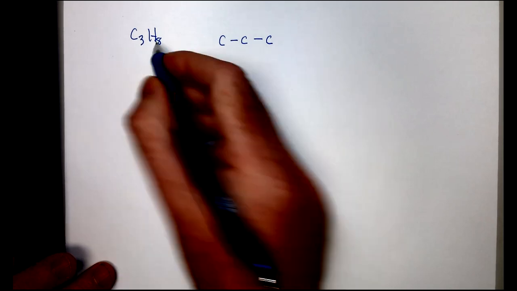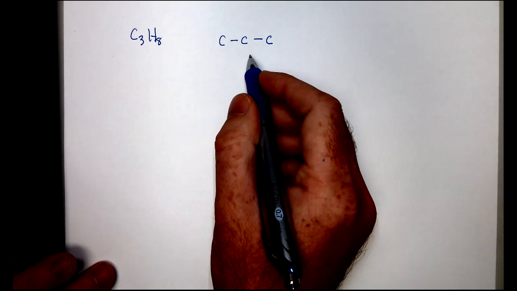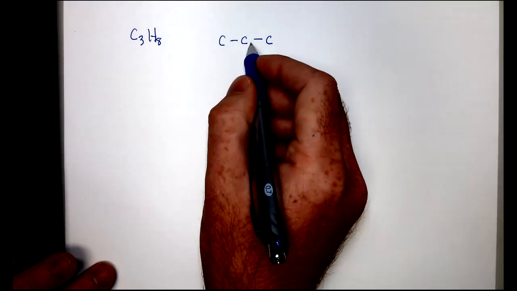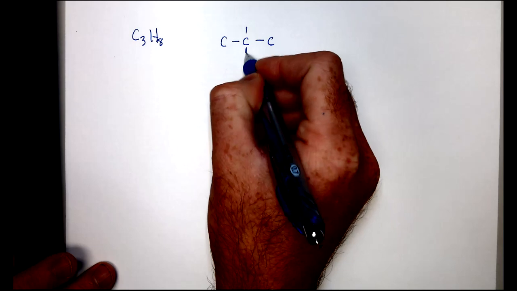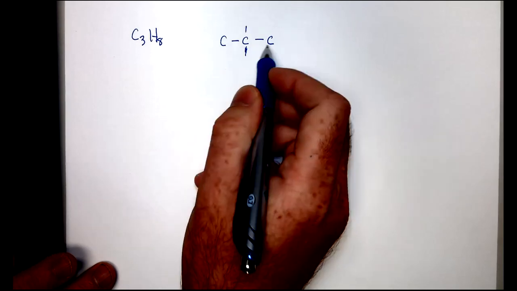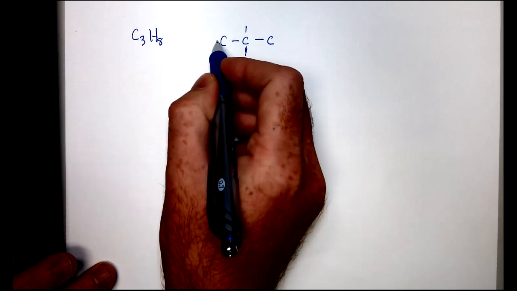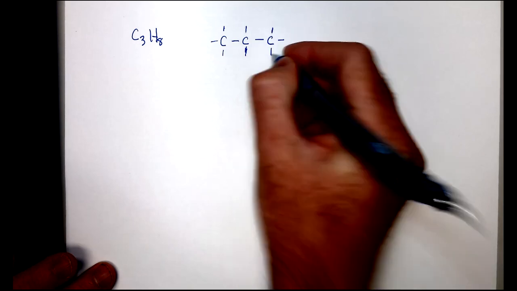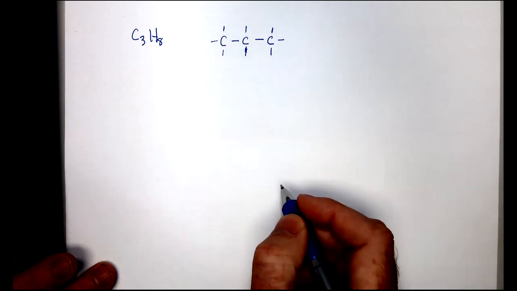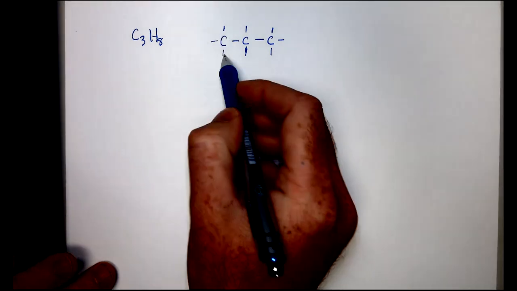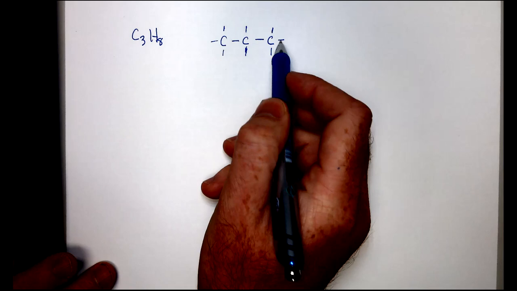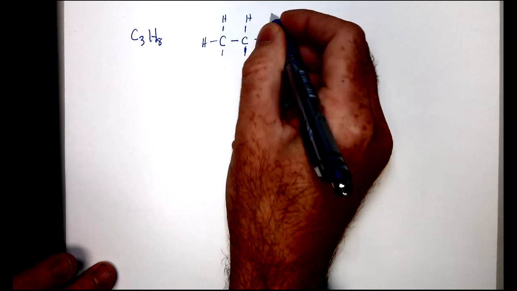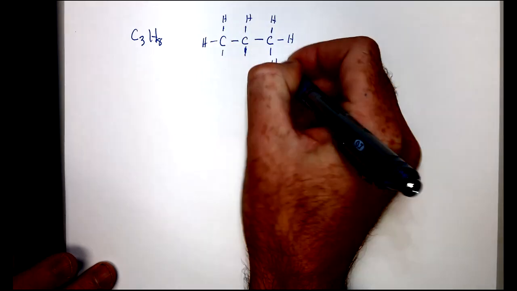Now, if I've got 8 hydrogens, where do the 8 hydrogens have to go? The carbon in the middle has 2 bonds and I need to get to 4, so it needs 2 more. The carbons on the outside, to get to 4 bonds so that I can obey my octet rule, need 3 bonds. And so when I count the spots, 1, 2, 3, 4, 5, 6, 7, 8. So that corresponds to my 8 hydrogens. So the proper structure would look like this.